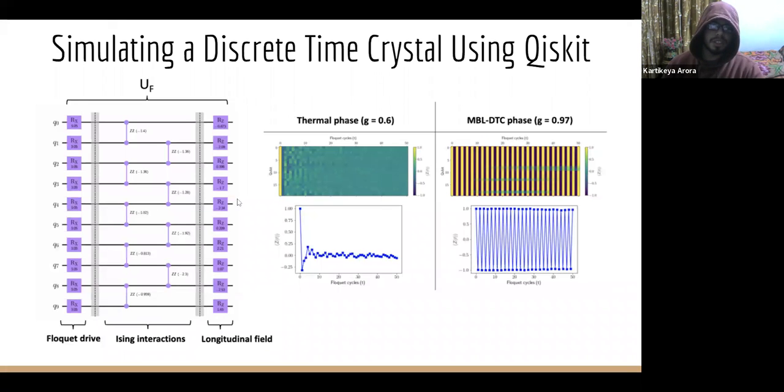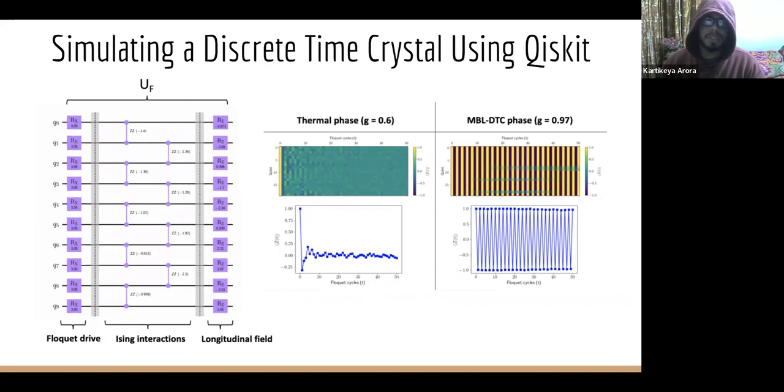So here on the left-hand side is a complex-looking quantum circuit with an initial state, and we are performing some operations on it to formulate the time crystal for ourselves. We don't need to worry too much about the details here. The important thing is the diagram on the right-hand side.